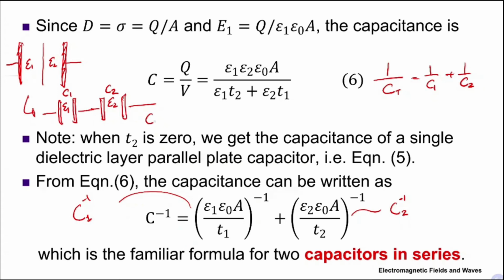And then C1 is equal to epsilon 1 epsilon naught A over T1, and C2 is equal to epsilon 2 epsilon naught A over T2. If you put this into these equations, you're going to end up with this equation, which is the same thing.